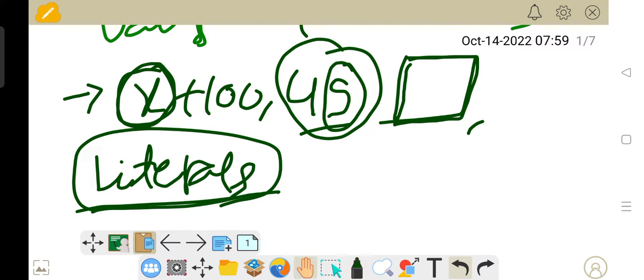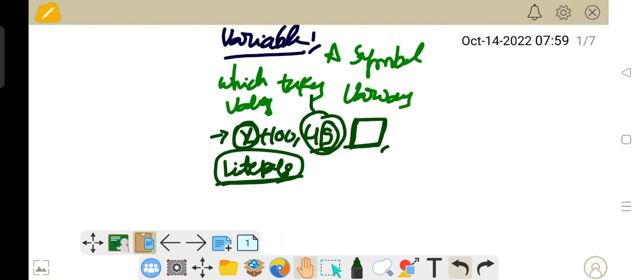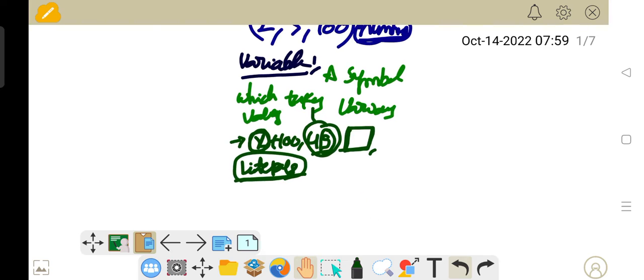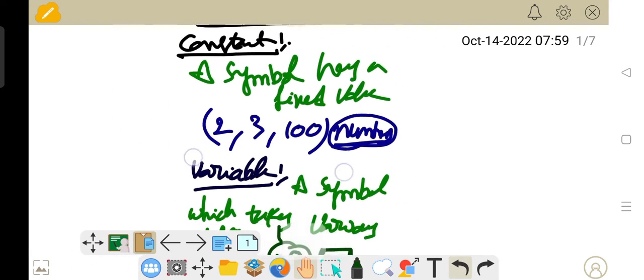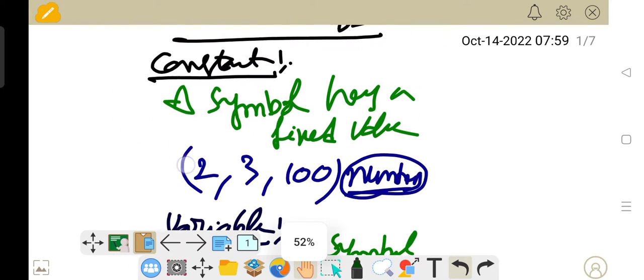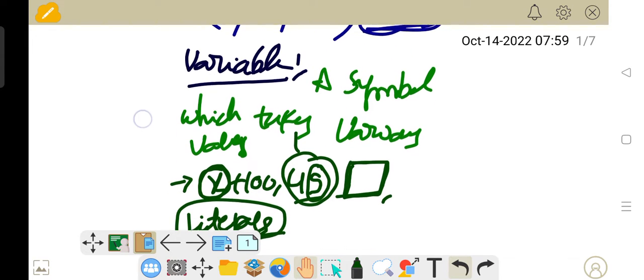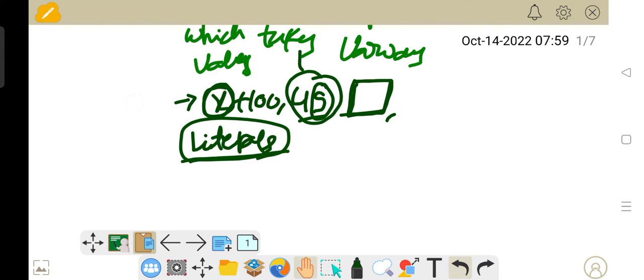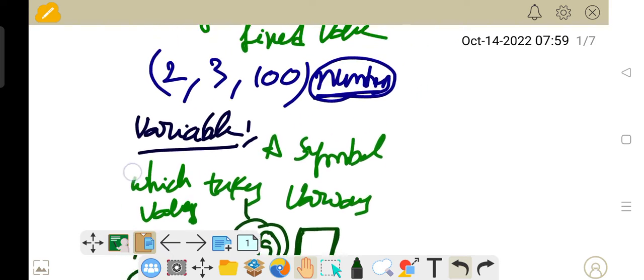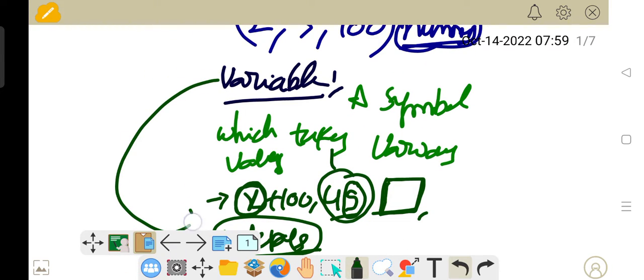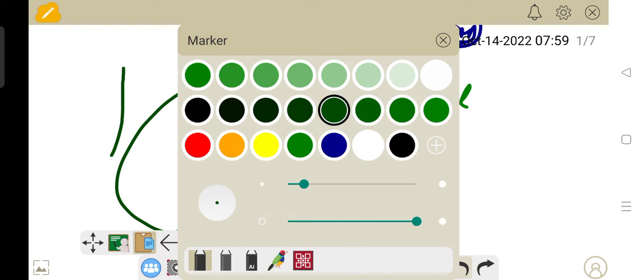Constant means a symbol which has a fixed value. Variable means a symbol which takes various values. Variables are also called literals.